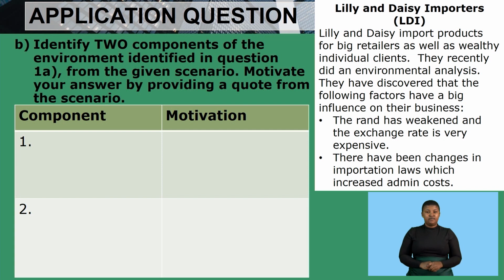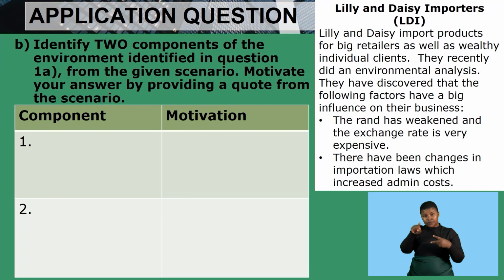So the question actually asks, we must now identify two components of the macro environment given in the scenario. Again, if I refer you to those two bullets at the bottom, the first one refers to the exchange rate, which is an example of our economic environment. So our first component will be the economic environment.